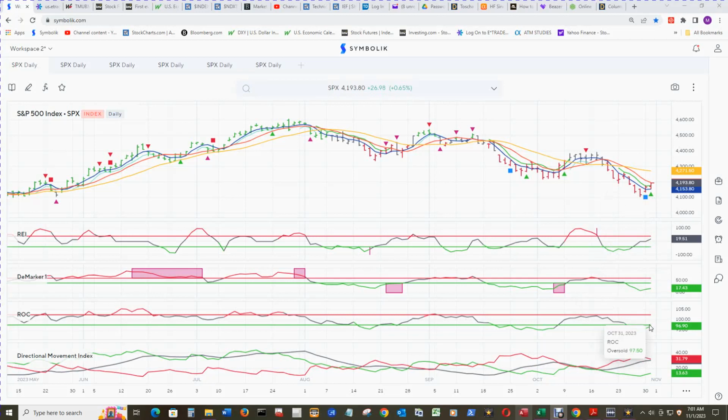ROC is about to go over, and that's a good indication. It's higher risk to get into the market and buy equities when there's only this level, and this one is still waiting. More times than not, it fails. And DM1 never makes it above oversold, so it's best to wait to get above that.